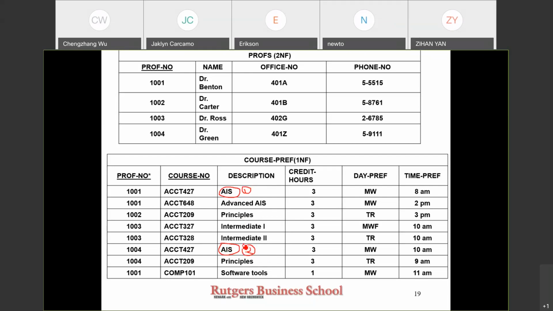So this is update anomaly, which means update of data is performed more than once. Ideally, the user should have to update the course description just once for a particular course.